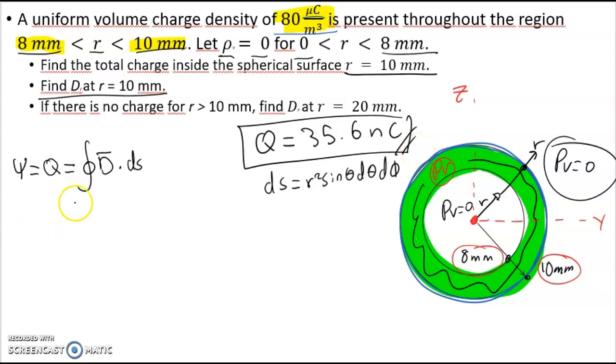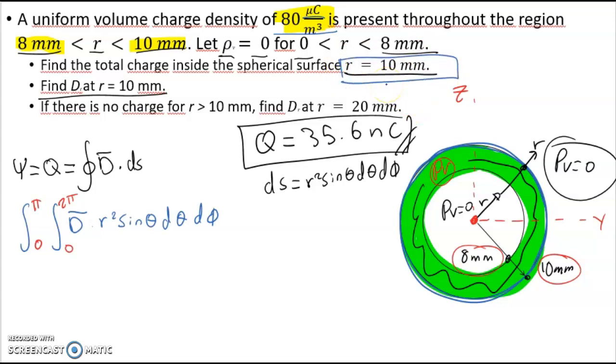So we get a double integration of D times radius squared sine of theta d theta d phi, with theta from 0 to pi and phi from 0 to 2 pi. We have a specific value for the radius, 10 millimeters. Let's leave it like that and replace at the end.